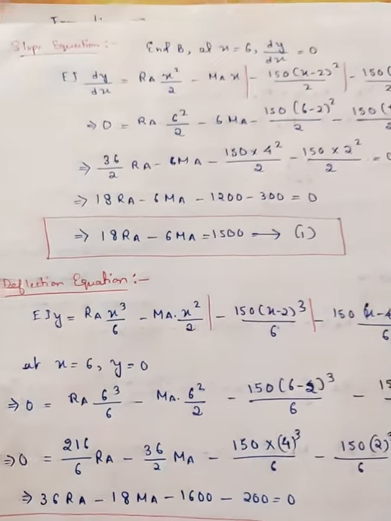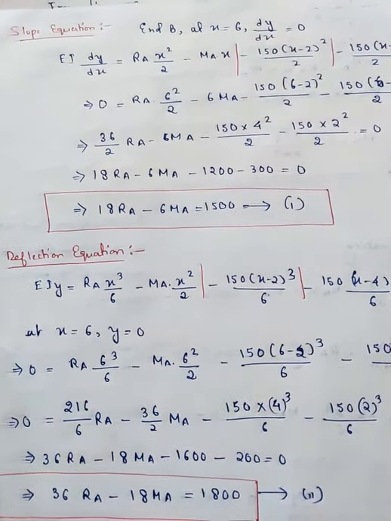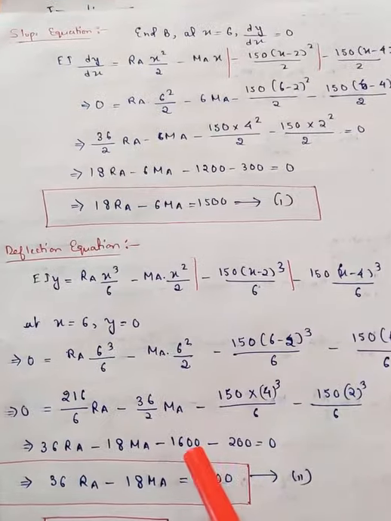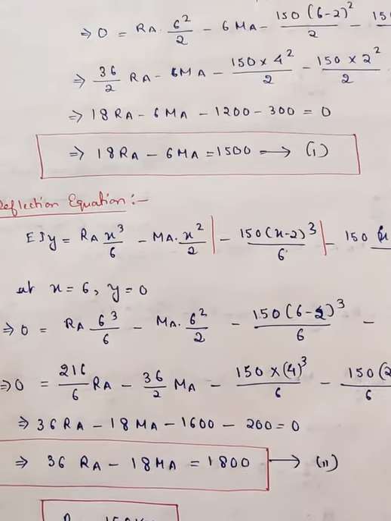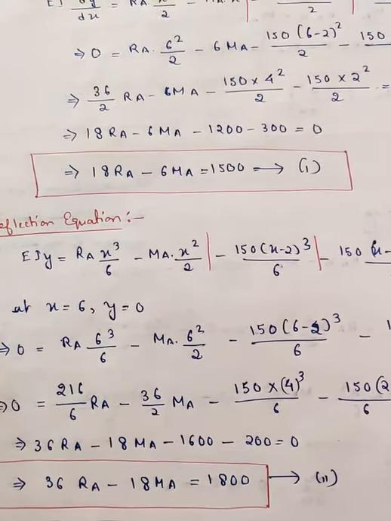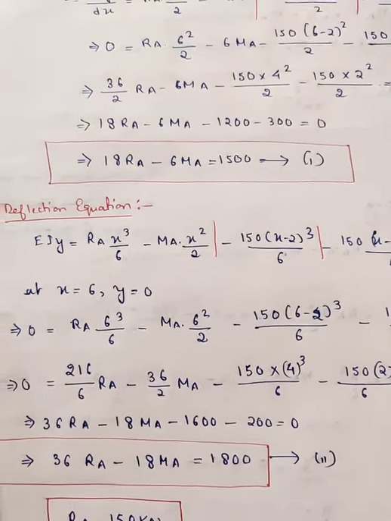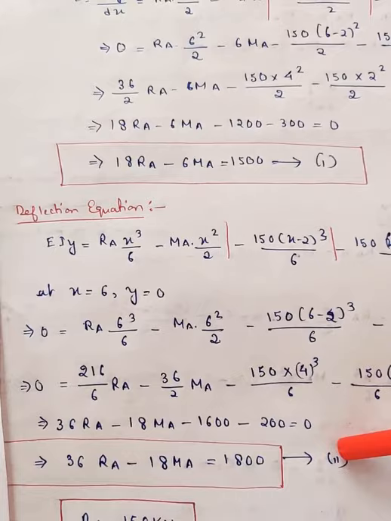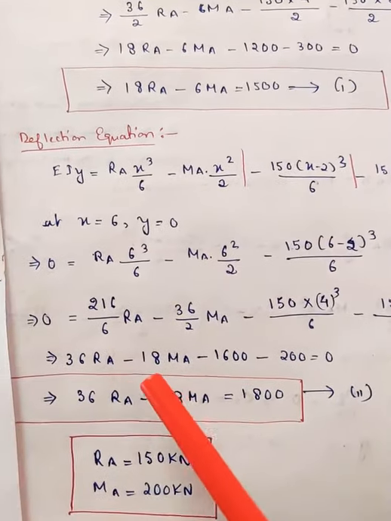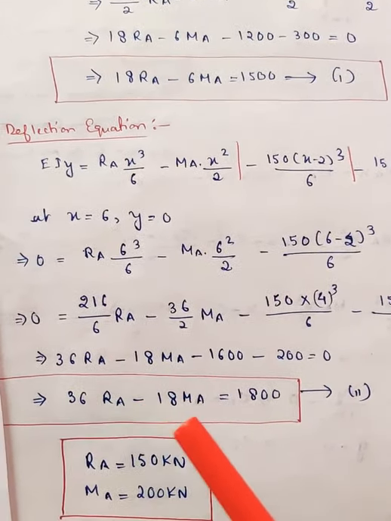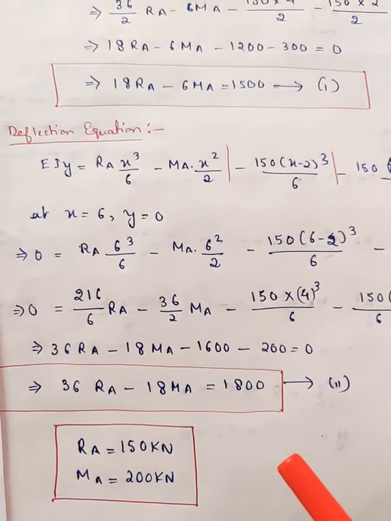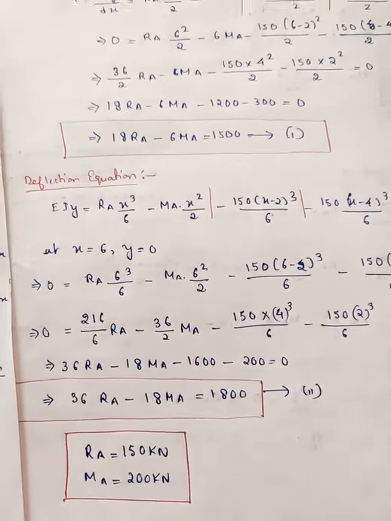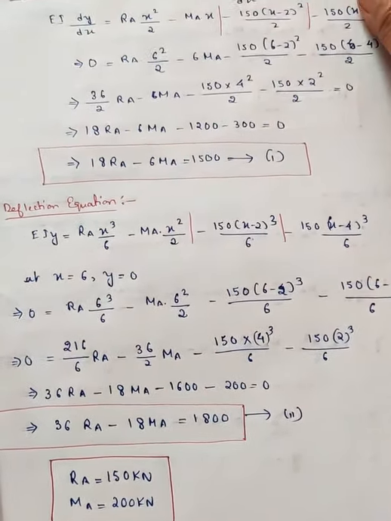We got these values, and finally simplifying this, we got this equation 36 Ra minus 18 Ma equal to 1800. Now solving equation 1 and equation 2, we will get the values of Ma and Ra as 150 kilonewton and 200 kilonewton. You try to solve it by yourself.